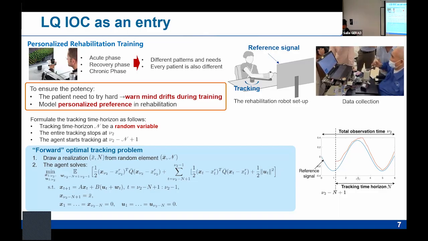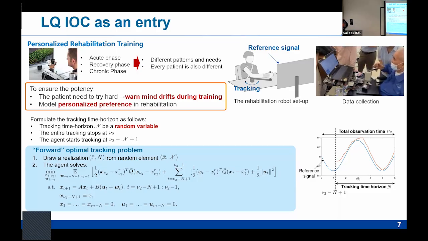One of the key problems that we have is that every time you let the rehabilitation start, so basically 1, 2, 3, go, the patient will have a random length of time before they start tracking, and it doesn't really start at once.